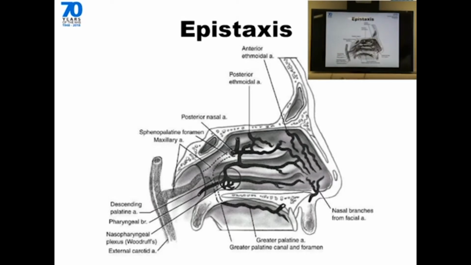Just to refresh our minds of the blood supply, two main distributions: the anterior blood supply coming from the anterior ethmoids and the nasal branches of the facial artery, and then the posterior supply coming from the posterior ethmoids and the branches of the ascending pharyngeal artery.